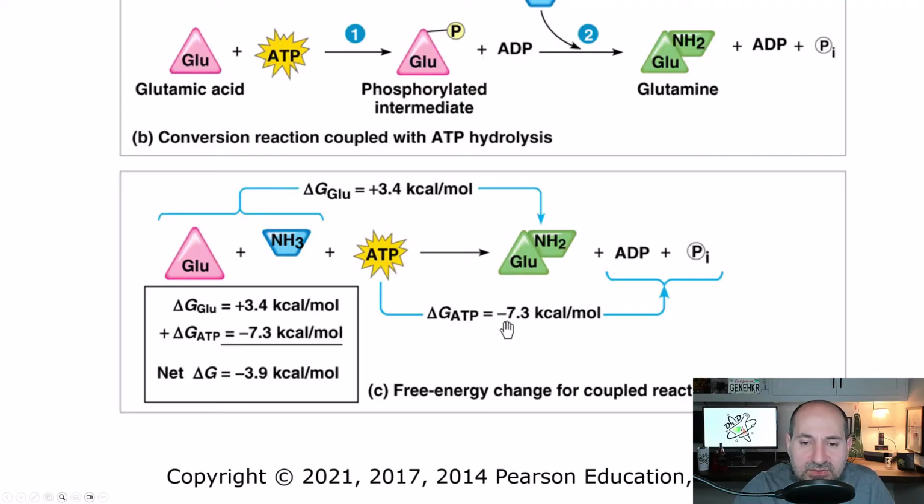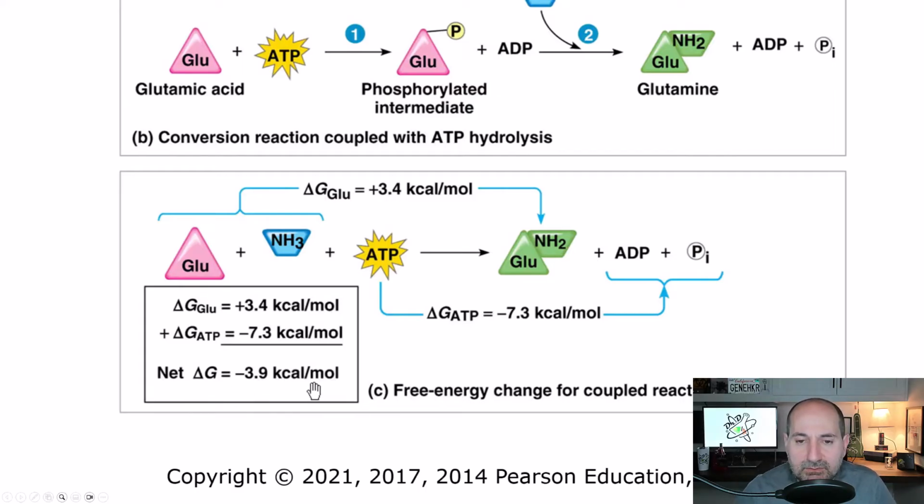ATP releases 7.3 kcal per mole of energy. The reaction for making glutamine only required 3.4 kcal per mole of energy. So if we do the math here on this left box, we provided 7.3 kcal per mole of energy, and the process only required 3.4 kcal per mole. We can get that done and have extra energy to spare. By the way, that extra energy usually leaves as heat.